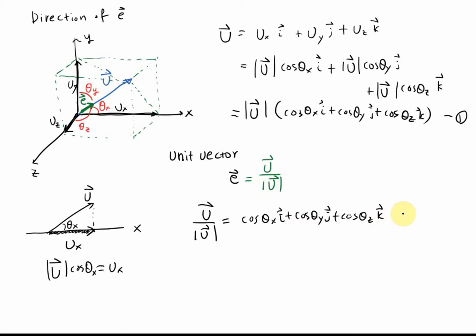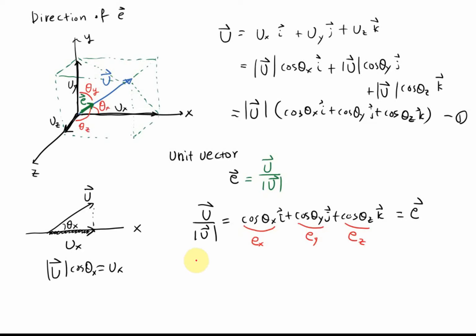So we know this becomes our unit vector, right? This is the unit vector x component, this is the unit vector y component, and this is the unit vector z component.